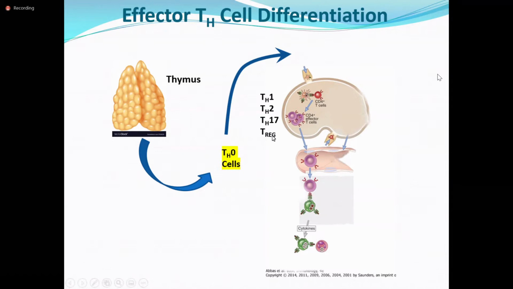Then you also have another subset, the regulatory T cells, which are opposite to these Th1, Th2, Th17s in that they block their responses. So they are more involved with the maintenance of peripheral tolerance, which I'll talk about in another lecture.